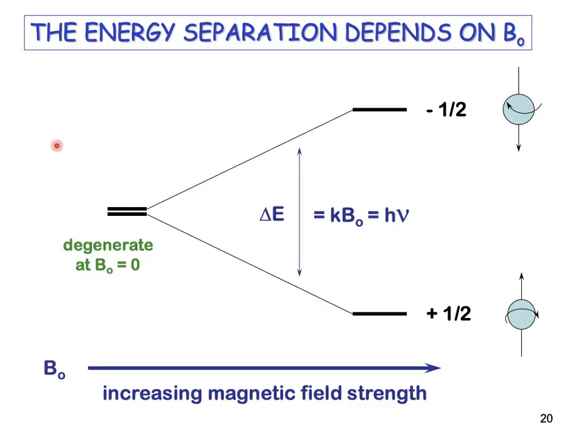Before placing the sample in the magnetic field, B naught is equal to 0, and the energy levels are degenerate.